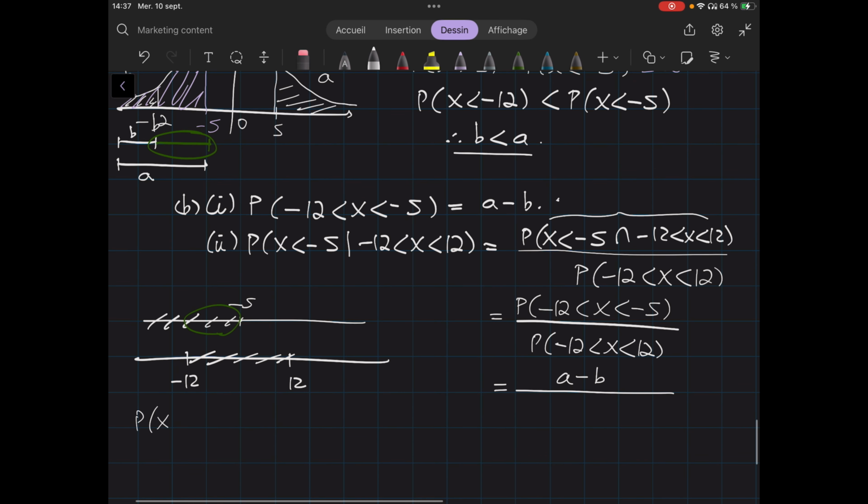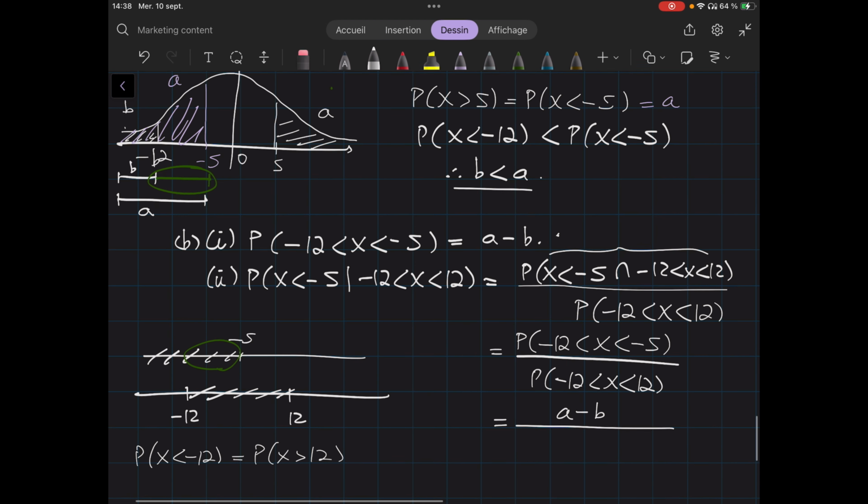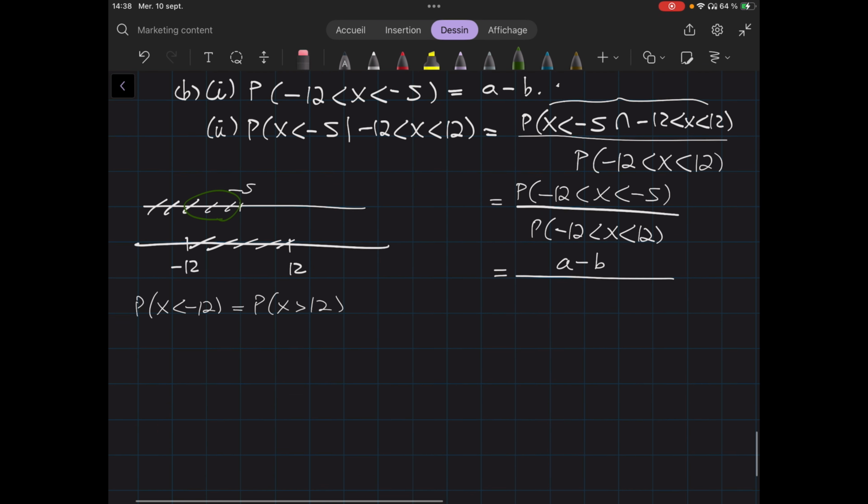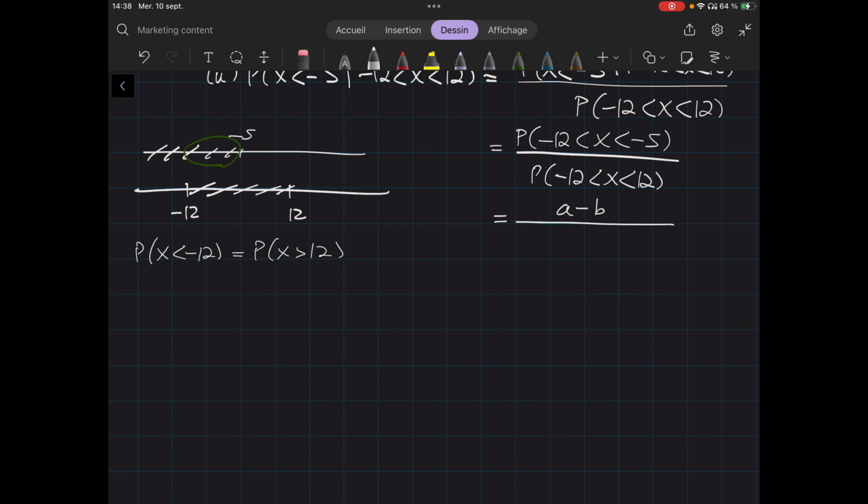The probability of x less than negative 12 is equal to the probability of x greater than 12 by symmetry. This part over here, that's b. So, if I am to sketch out this entire distribution, we know that from here to here, that's b.